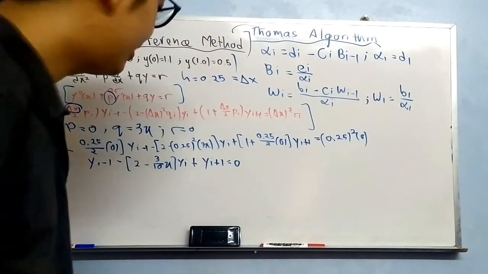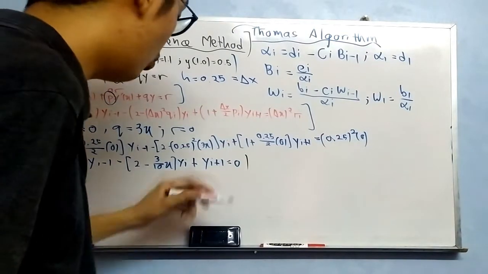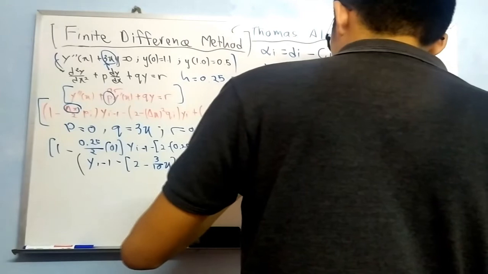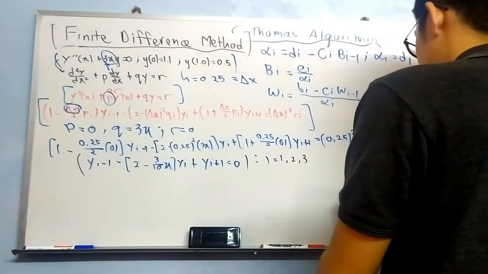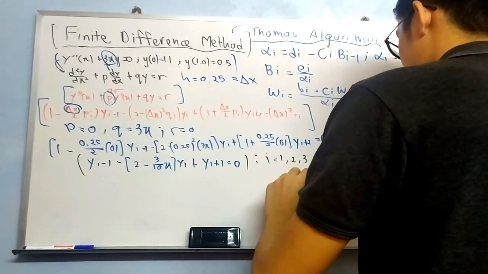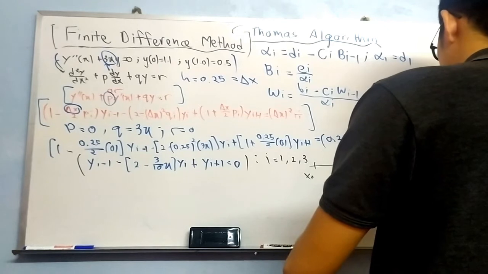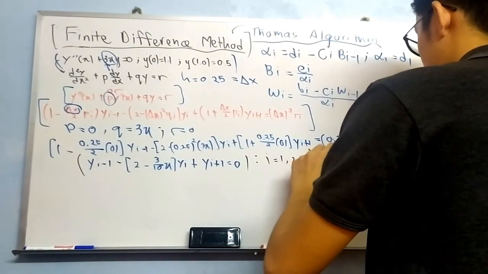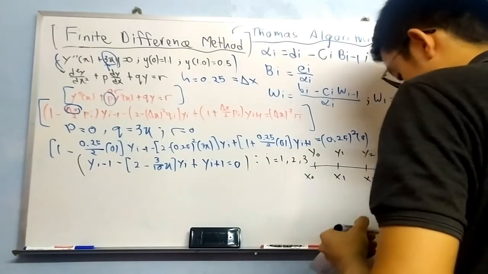So this is our general equation. Later we are going to apply it for i equals 1, 2 and 3. Why? Because from the time series there is x0, x1, x2, x3 and x4, and y0, y1, y2, y3 and also y4.